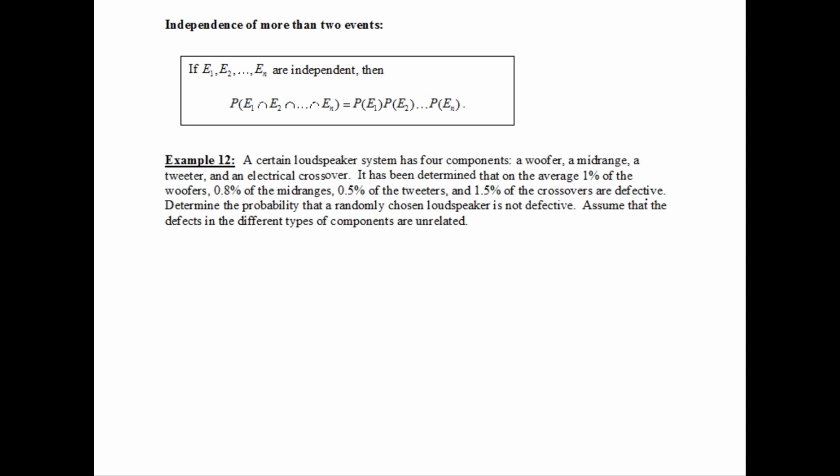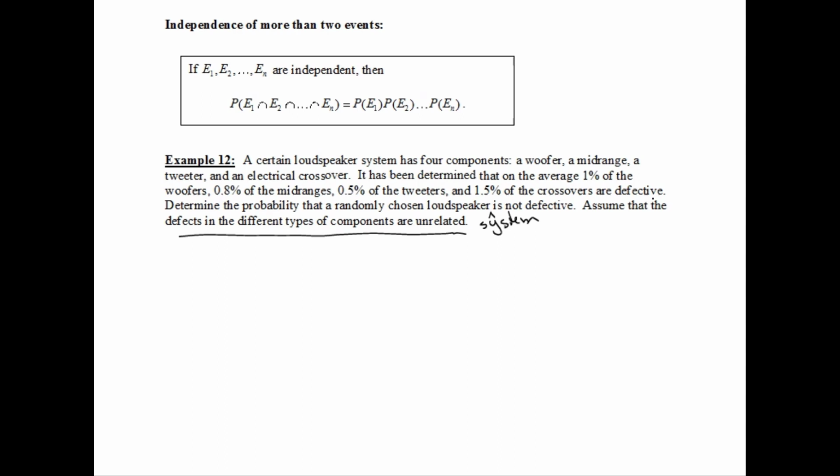We want to figure out the probability that a randomly chosen loudspeaker system is not defective. And here, this is very important, we're going to assume that the defects in the different types of components are unrelated. In other words, these components were made separately, so a defect in one does not affect whether another one is defective, but then we just put them all together into a system.